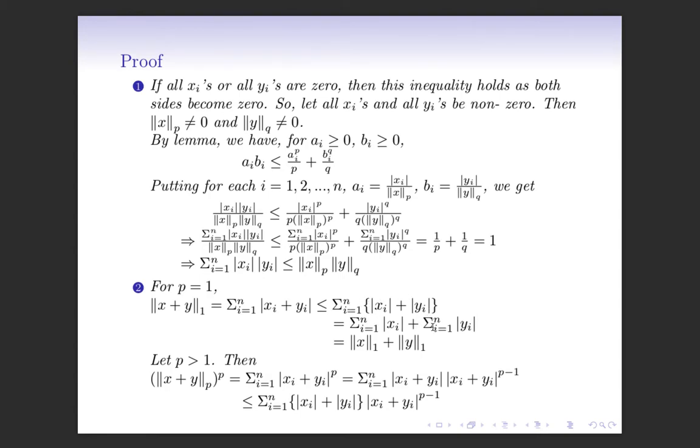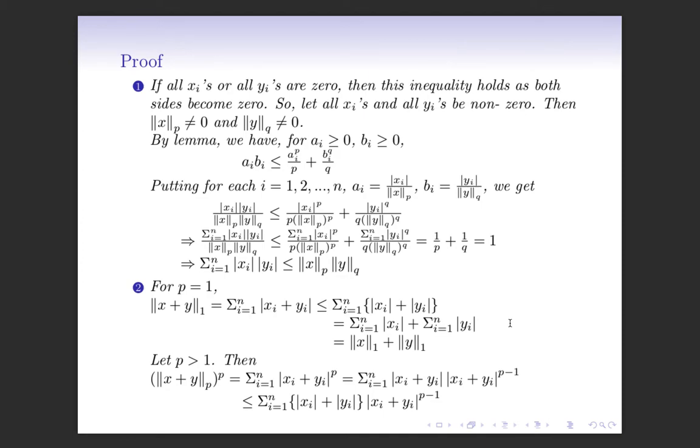Writing both the terms separately, we have summation mod of xi, i varies from 1 to n, plus summation mod of yi, i varies from 1 to n, and this is nothing but norm 1 of x plus norm 1 of y. So when p is equal to 1, Minkowski's inequality holds.